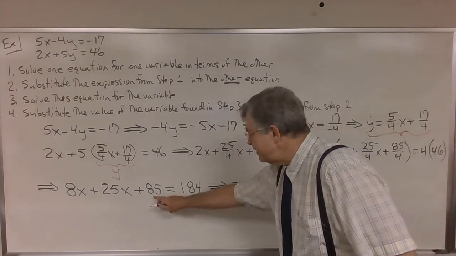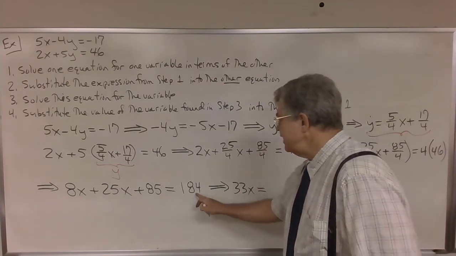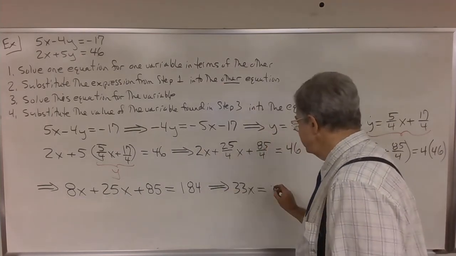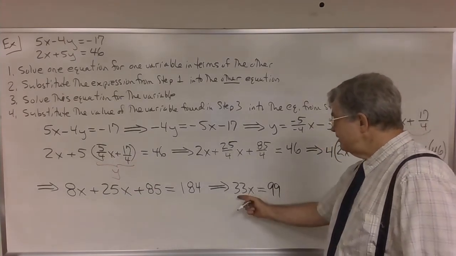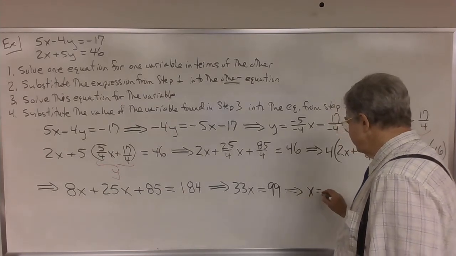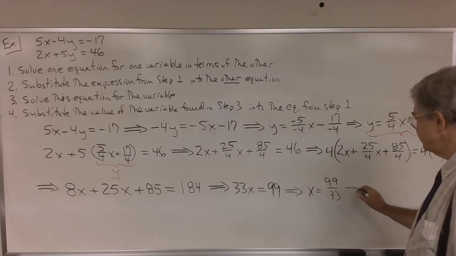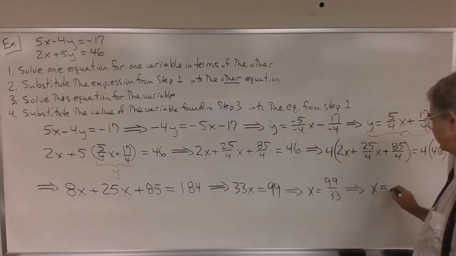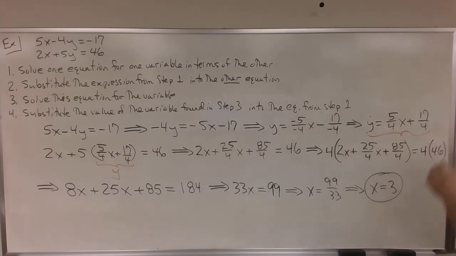I'll subtract 85 from both sides. So let's see, 184 minus 85 is 99. And then I'll divide both sides by 33. Okay, I have x equal 3.